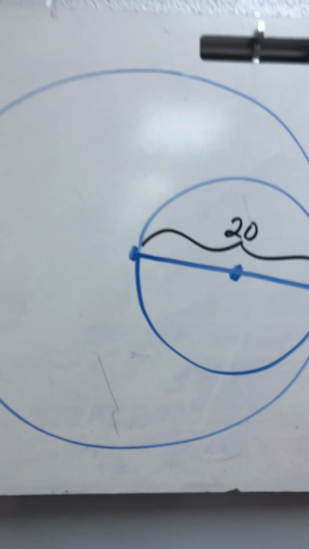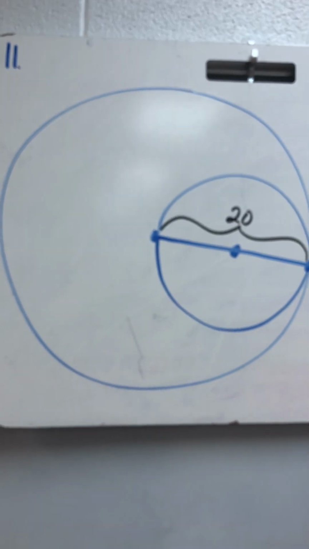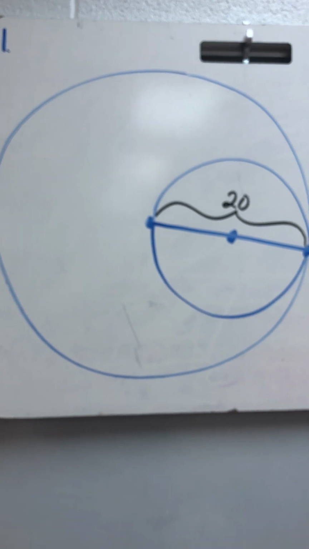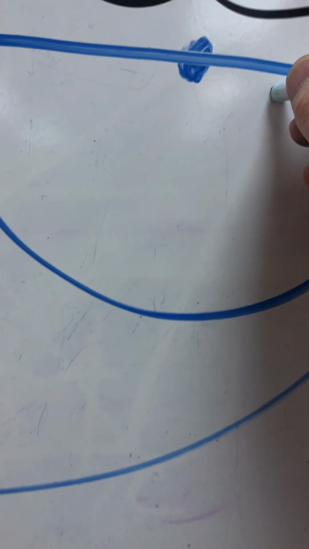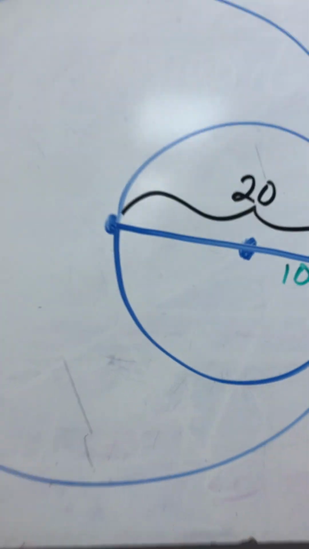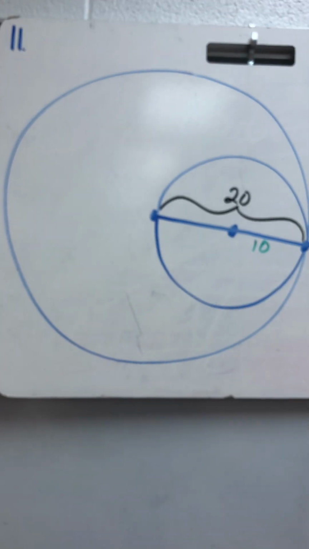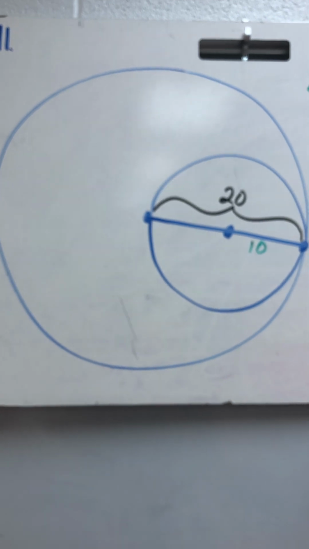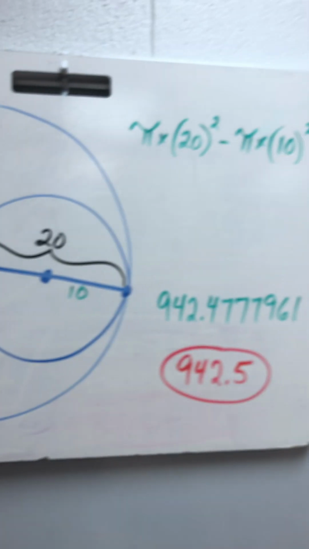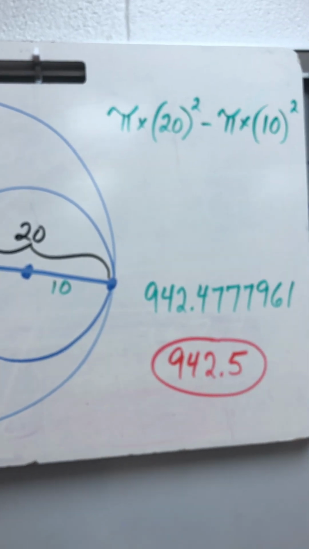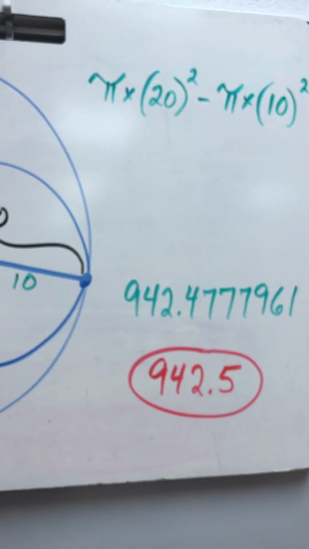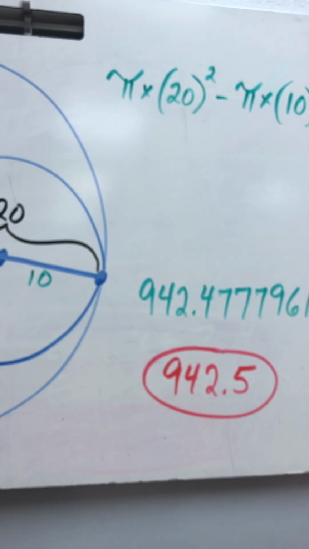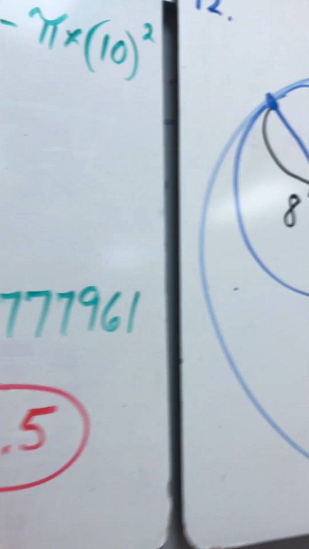Another example. If that guy there is 20, the radius of the big circle is 20, doesn't that mean the radius of the little circle is 10? So we're going to do pi times 20 squared minus pi times 10 squared. And you get 942.47, which rounds to 942.5. One more time.